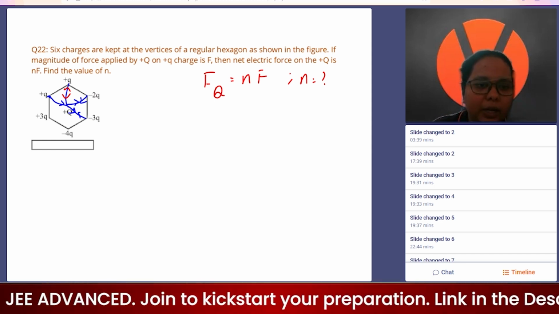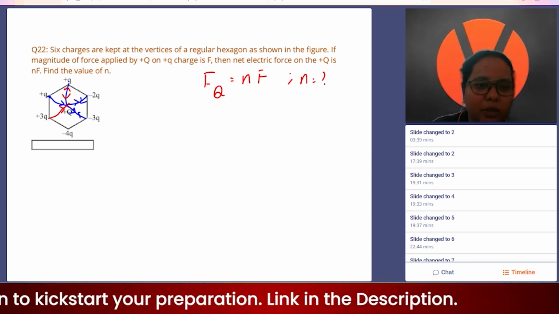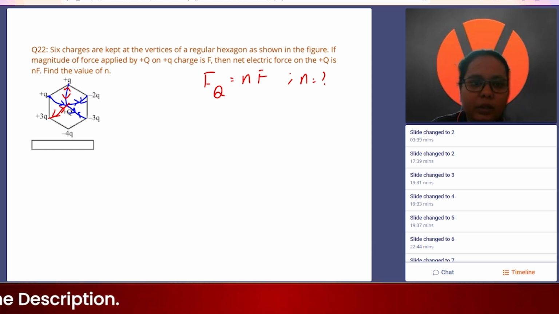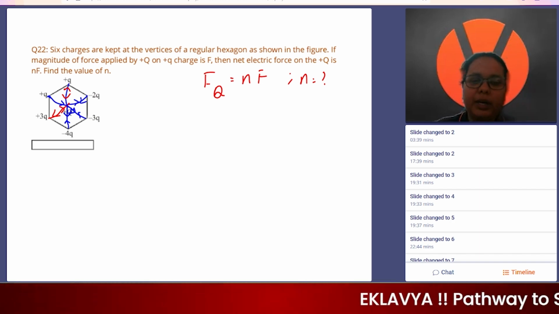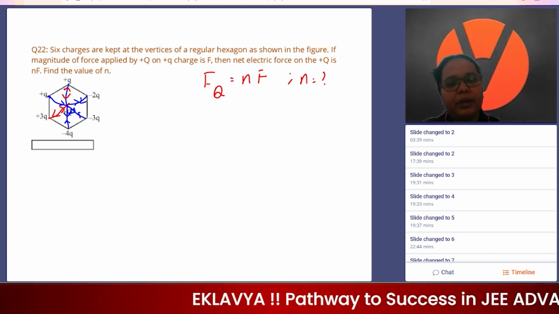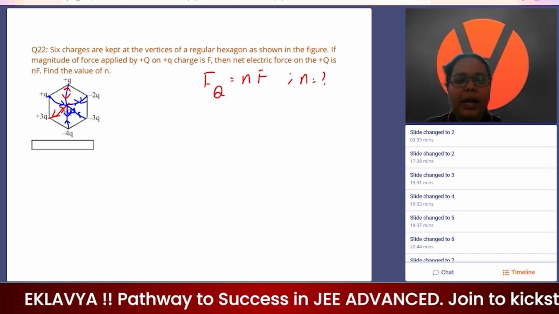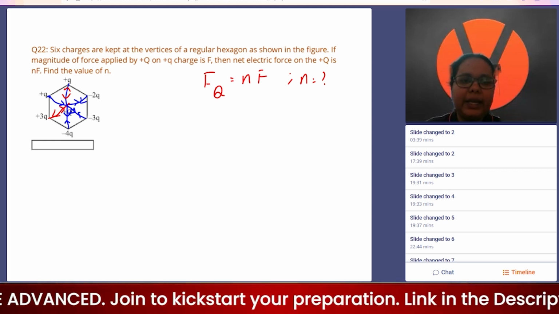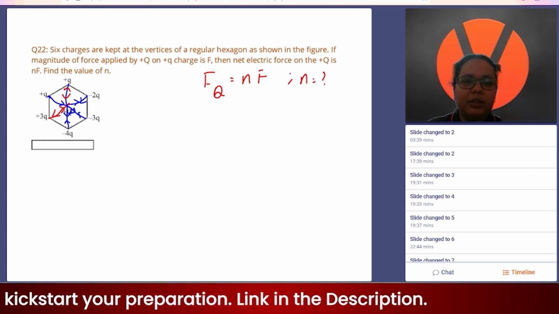And here it is again a repulsive force, and here opposite charges, so attractive force. So first you need to find each and every force, and calculate along the diagonal whether they are acting in the same direction or opposite direction.